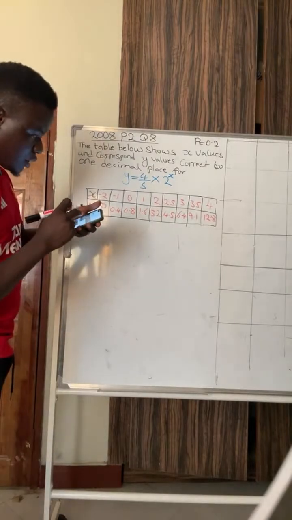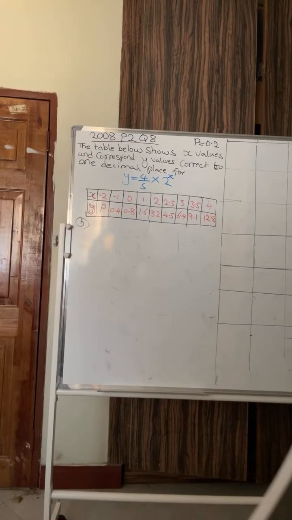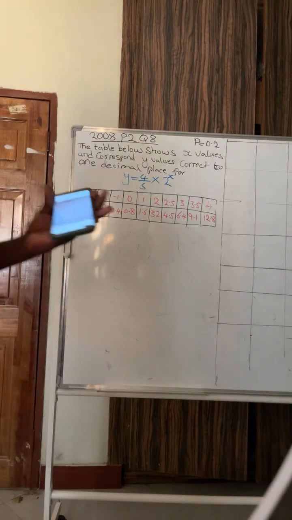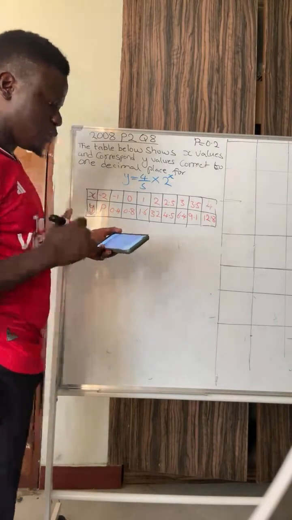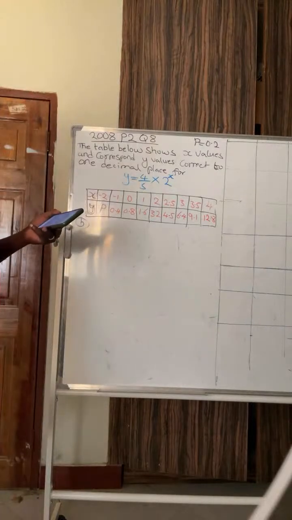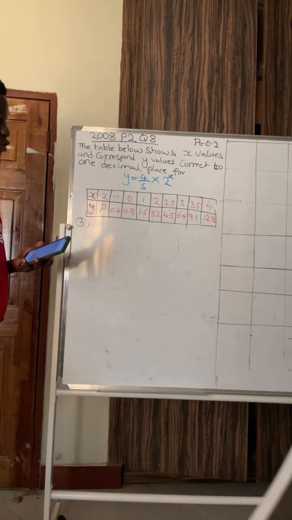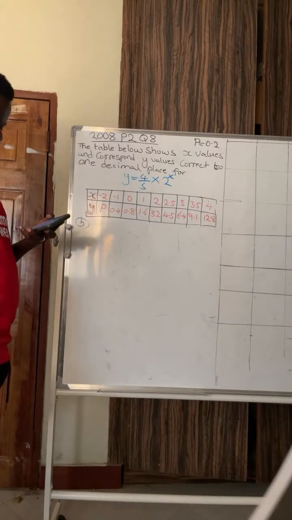The network is bad, but we'll try to cruise. So B says, using a scale of 2 centimeters to represent 1 unit, draw a horizontal x-axis.